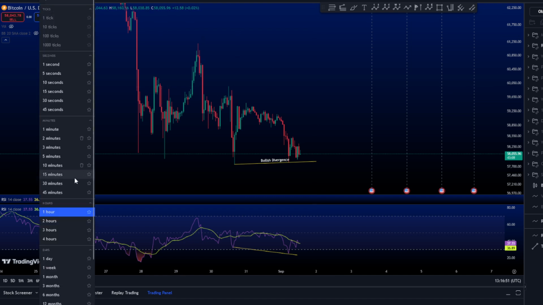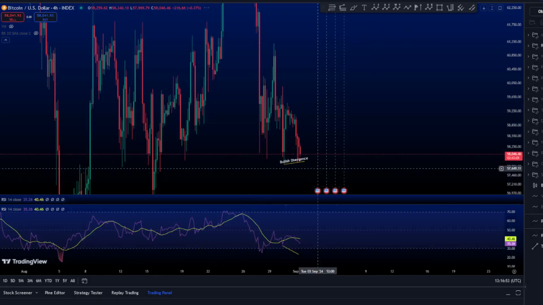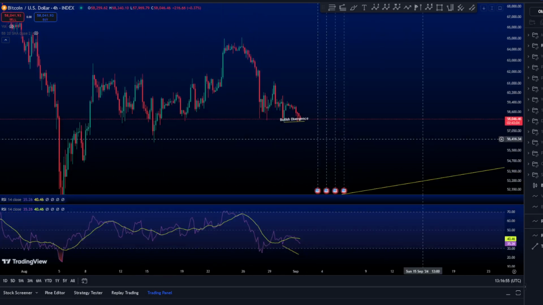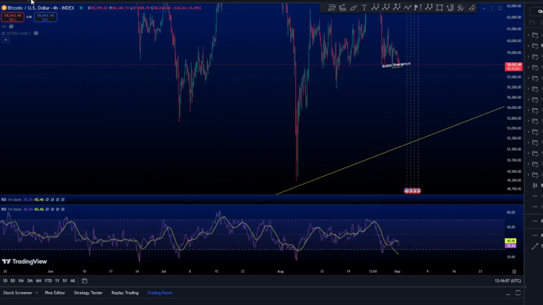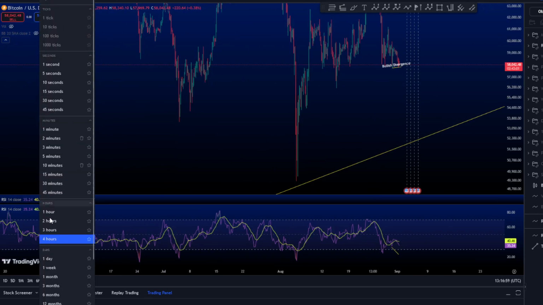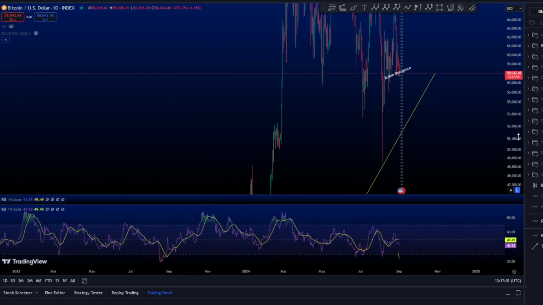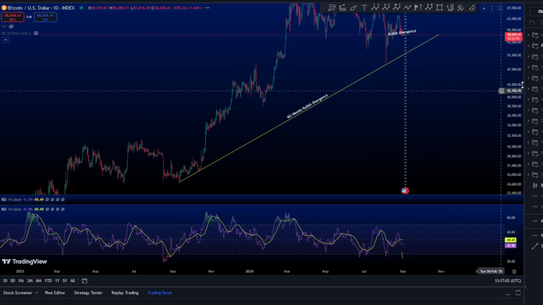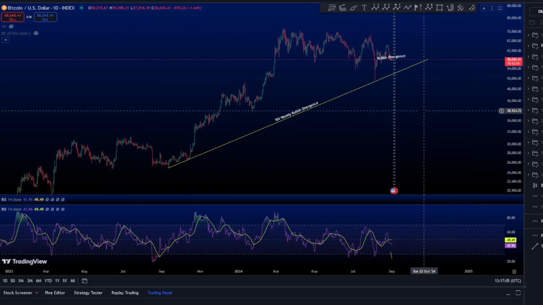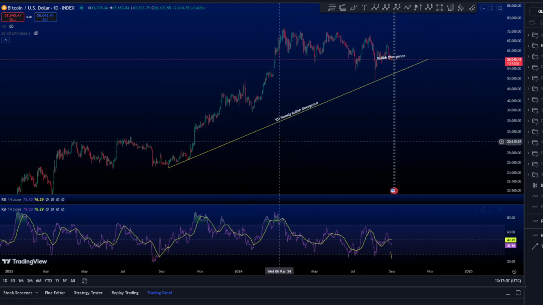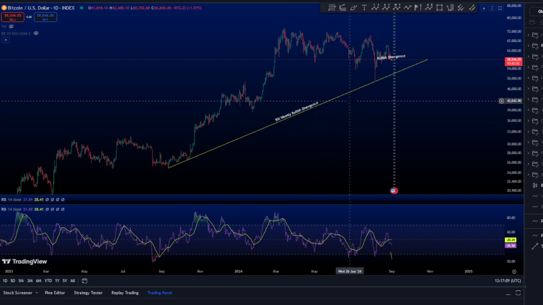Now on the 4-hour chart, let's see if we have something here. Actually, not really, but on the daily, it could be much clearer. Here we go. On the daily, we also have a very big RSI bullish divergence, right?